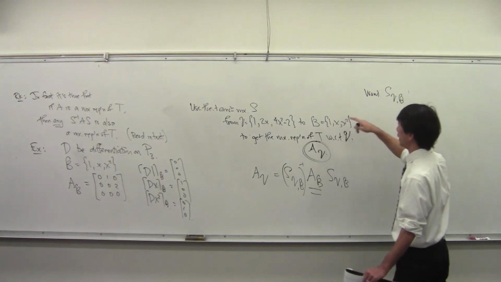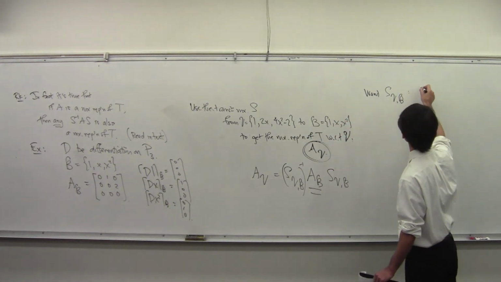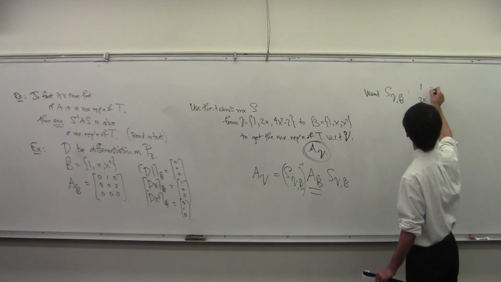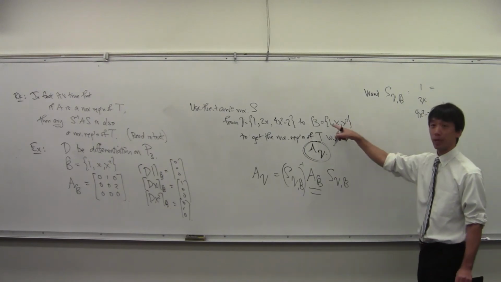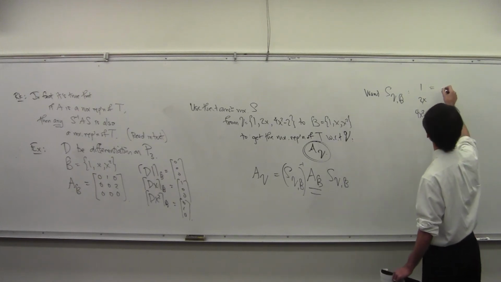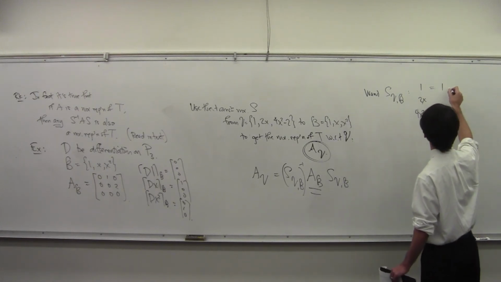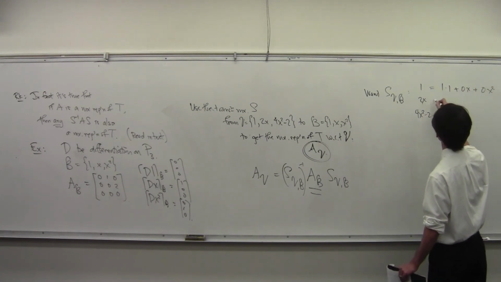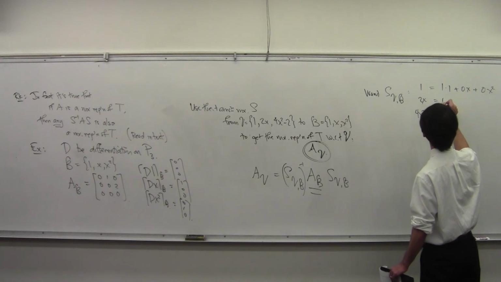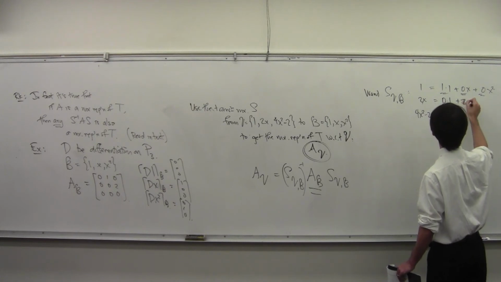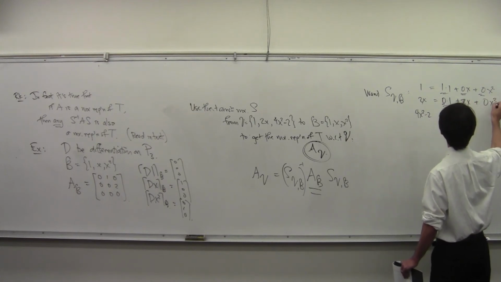Well, to get that, we need to express each of these guys, 1, 2x, 4x squared minus 2, in terms of the B basis, right? Well, that's easy. This is 1 of 1, 0 of x, and 0 x squared. This is 0 of 1 plus 2x plus 0 x squared.